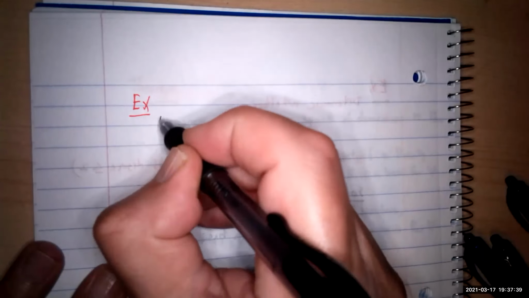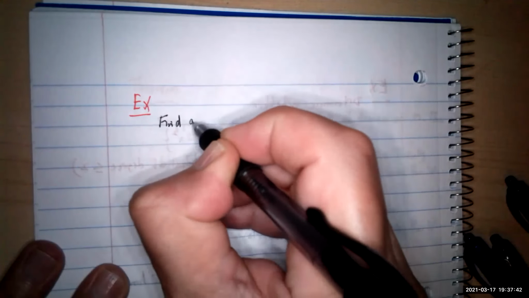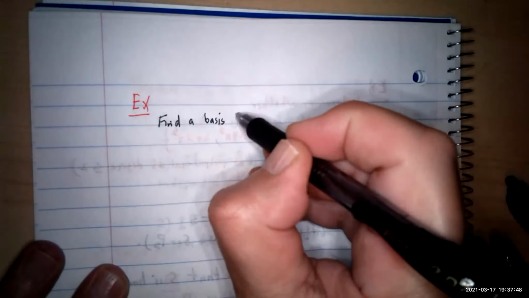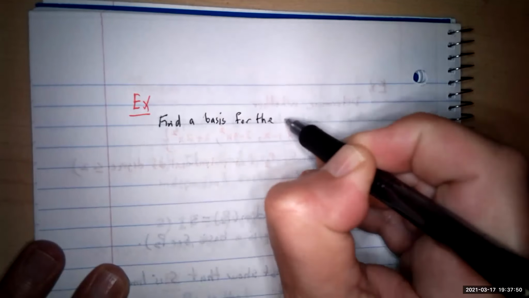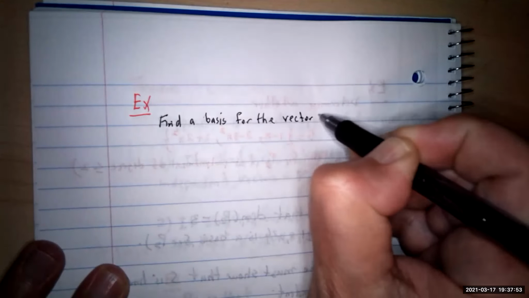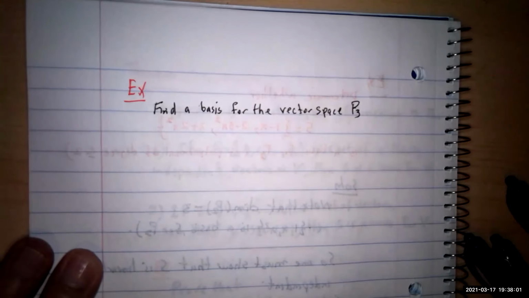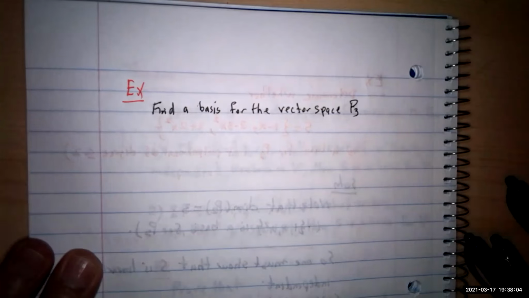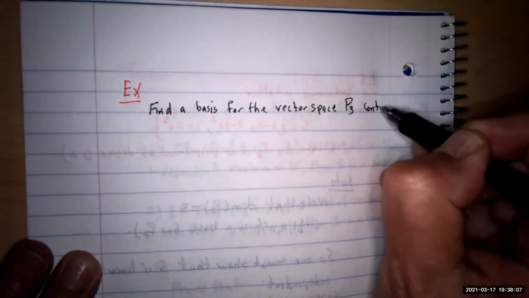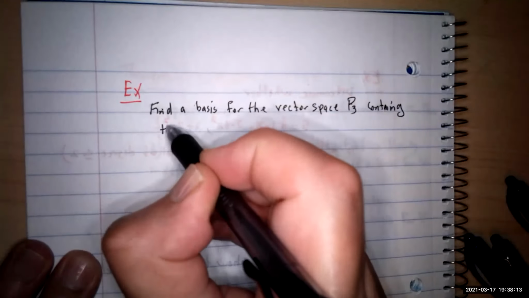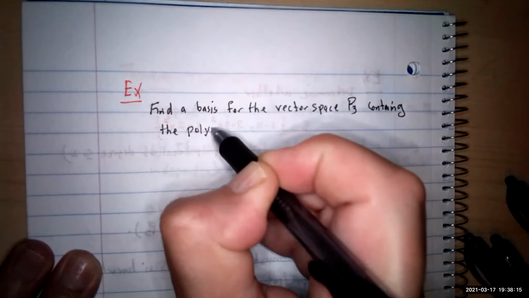Find a basis for the vector space P3. You know that the dimension of P3 is 4, 3 plus 1. So you need 4 vectors containing the following polynomials.